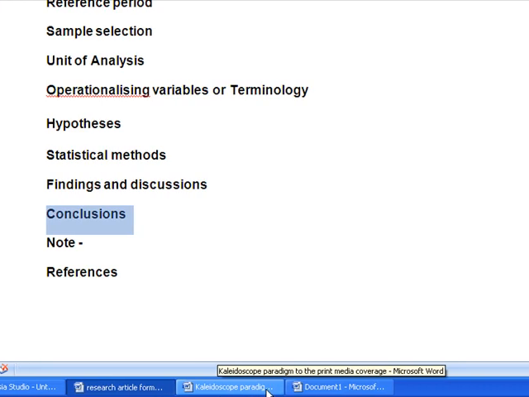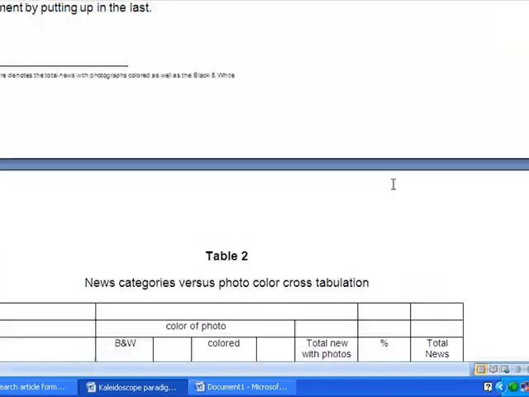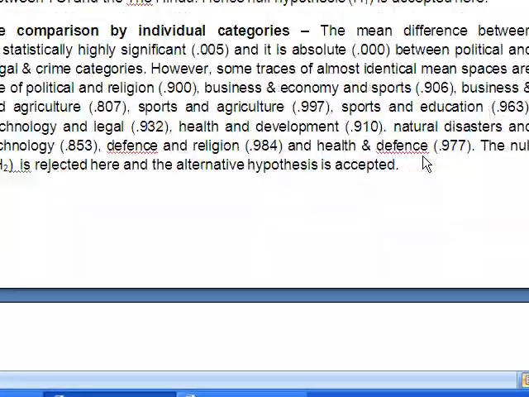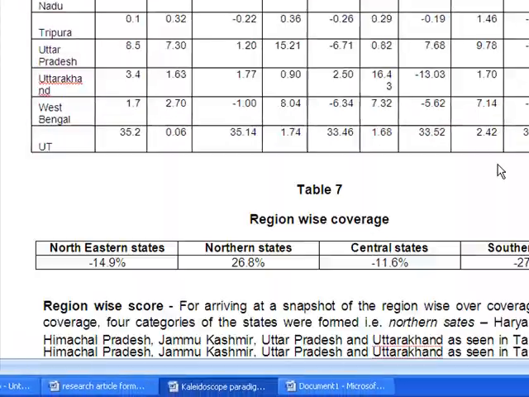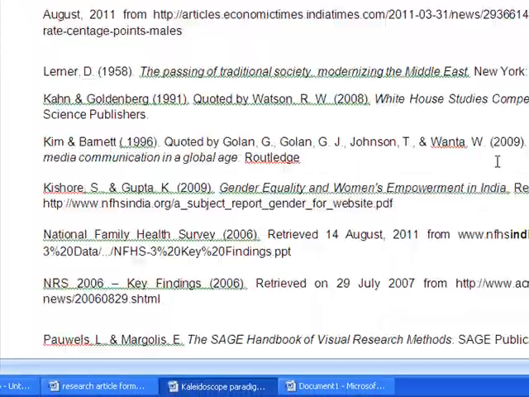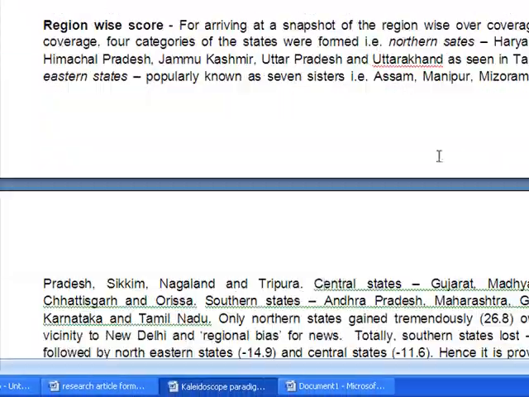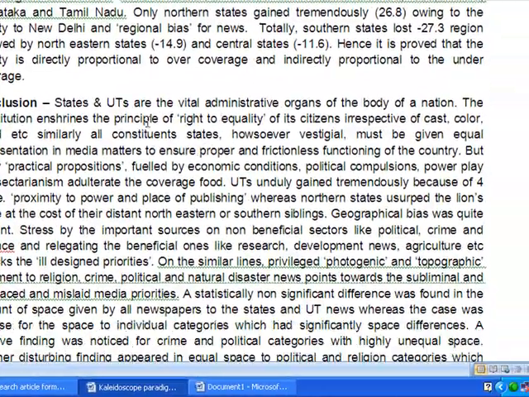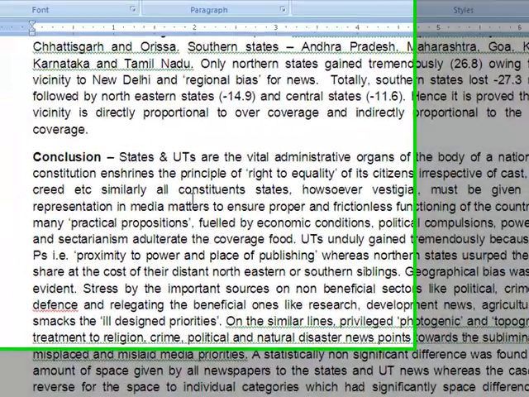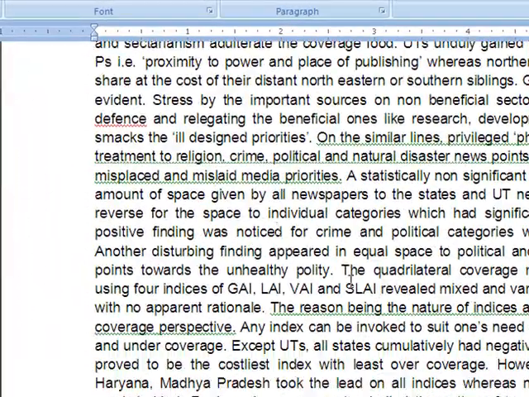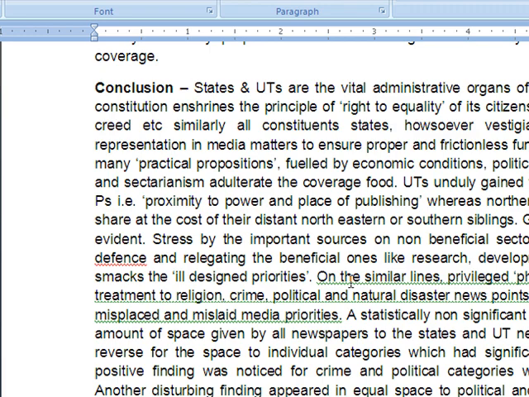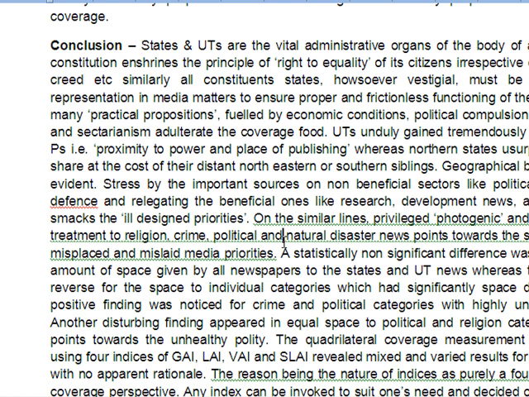Then comes the conclusion part. In the last, it is conclusion. You have to sum up your findings with some more explanation about the results, and you can compare the results with those results in the review of literature.